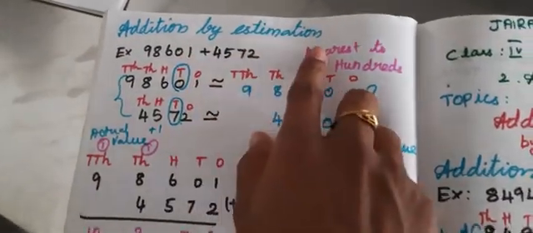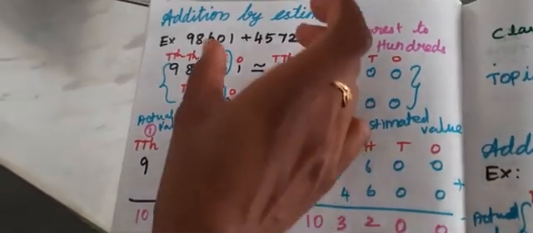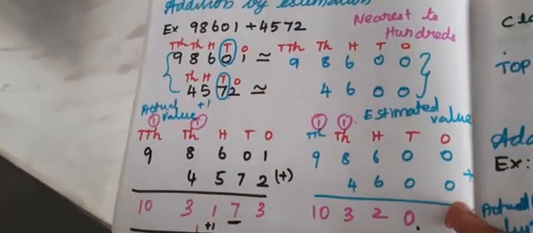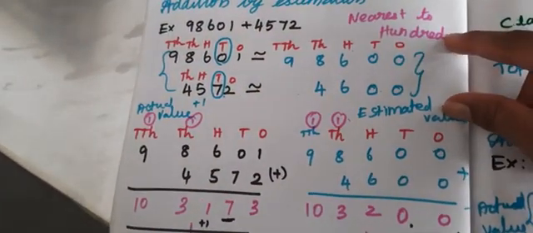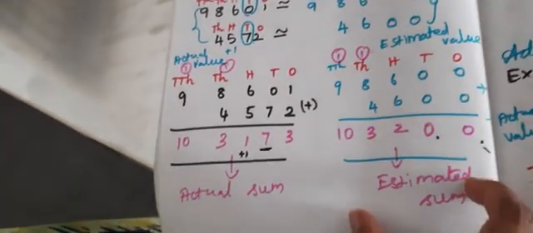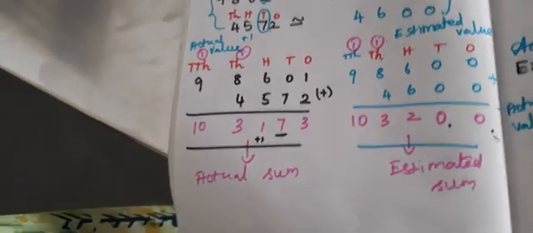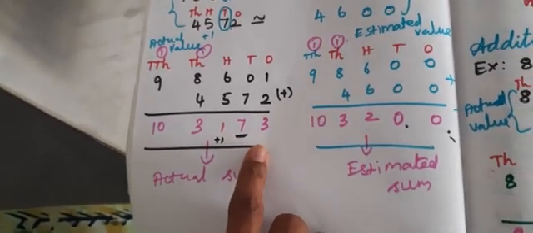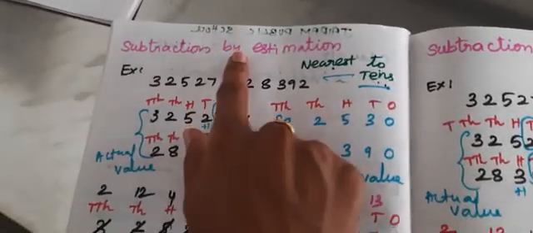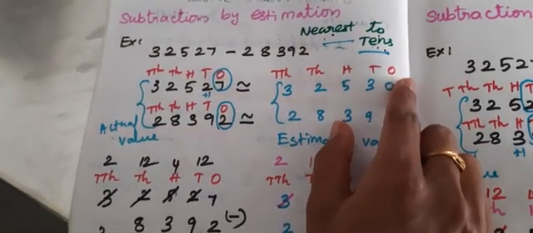Okay, next one, it is addition by estimation nearest to hundreds. Step by step you have to write. First find the estimated value, then arrange those numbers column-wise, and find the answer. Last step, don't forget to verify the answers. Next one, it is subtraction by estimation nearest to tens.